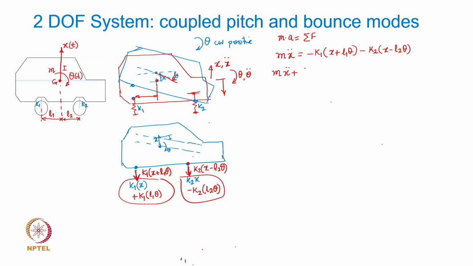If I rearrange, this is going to be m x double dot plus, I can club all the X related terms, and then I have K1 plus K2 into X, and plus, wait a minute, the theta related terms, if I take them, then this is going to be K1 L1 minus K2 L2 into theta equal to 0.